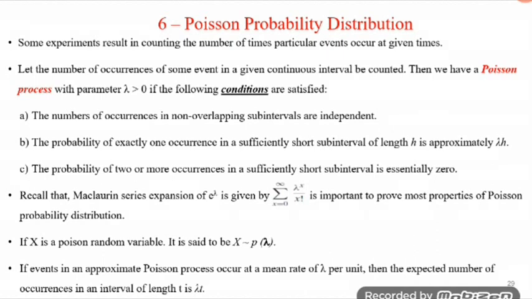This final note just gives more explanation to the second condition here in B. If the event is an approximate Poisson process occurring at a mean rate of lambda per unit of time, then the expected number of occurrences in an interval of length t will be computed as lambda times t.